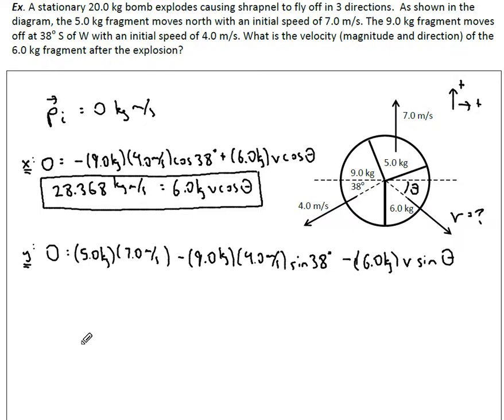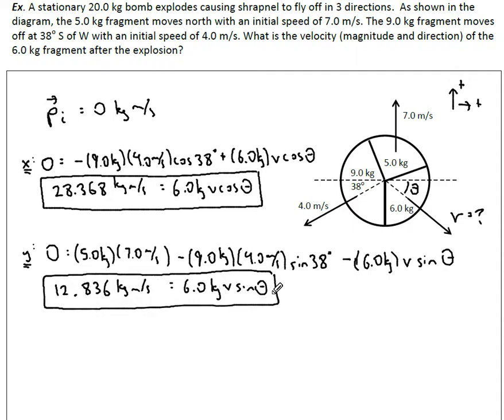Do a little bit of algebra, we end up with 12.836 kilograms meters per second is equal to 6.0 kilograms v sine theta. So here's our second equation.